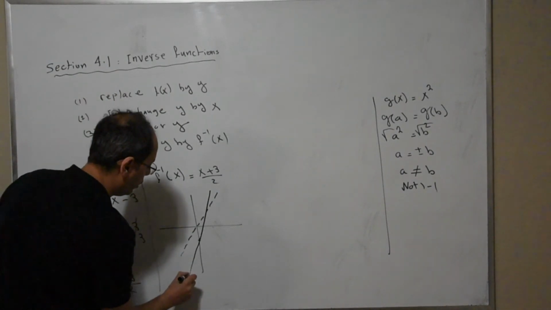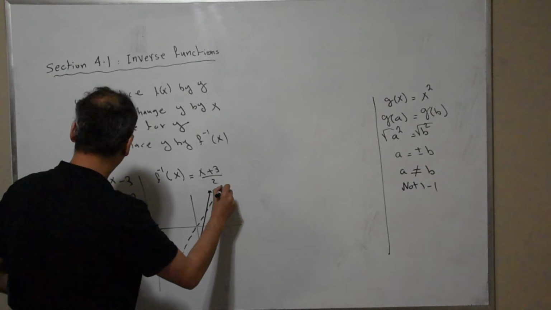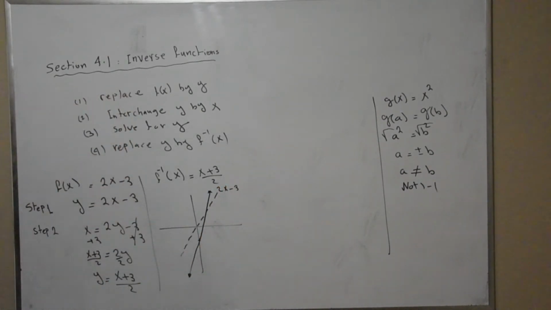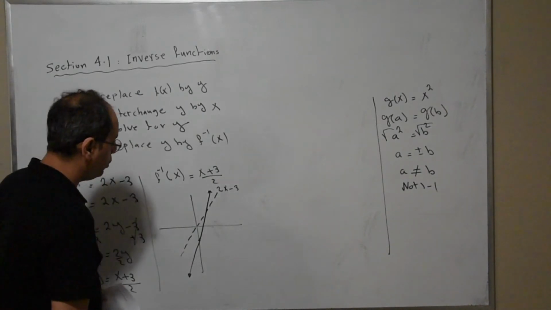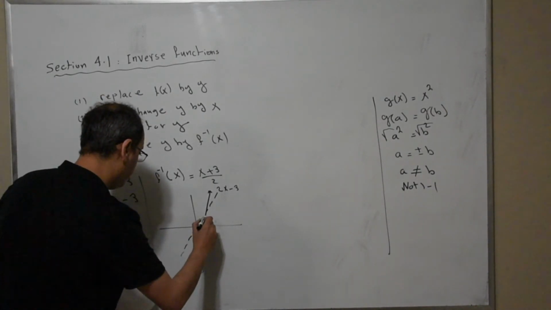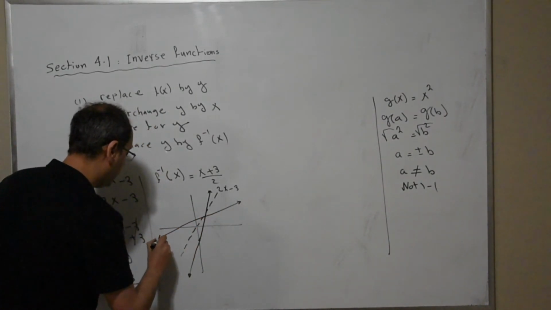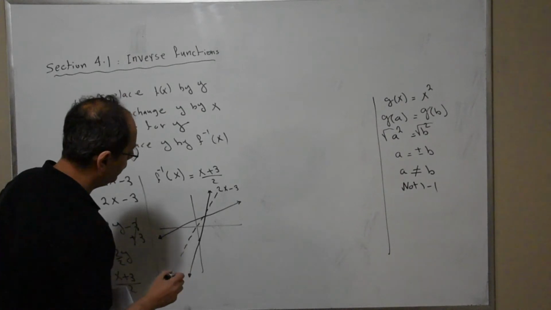That is one function. This is 2x minus 3. The reflected function should be that way. I mean that the inverse function is reflected.